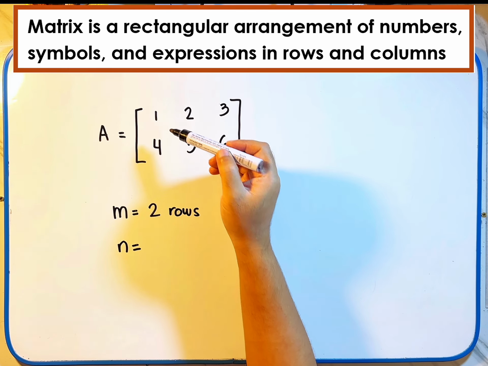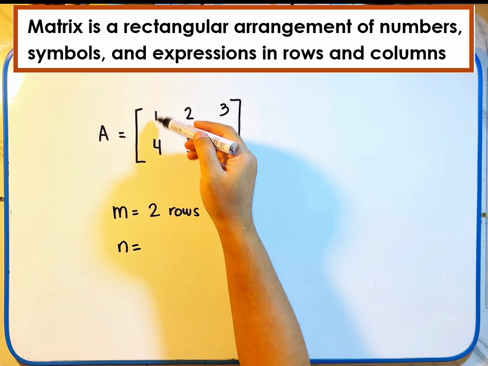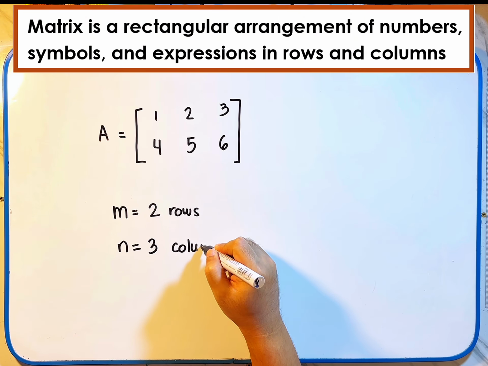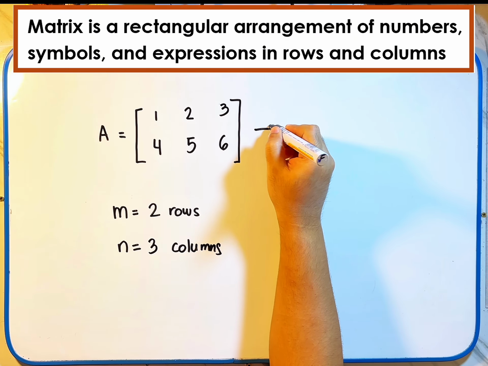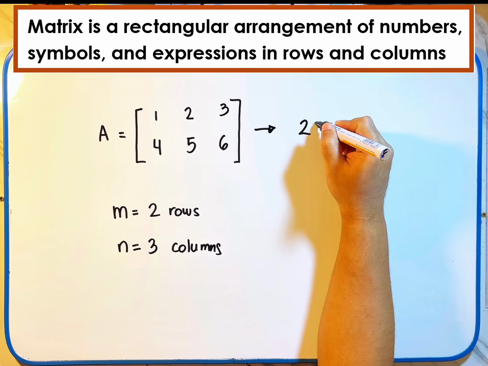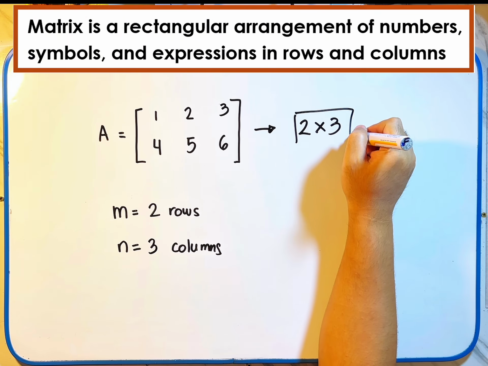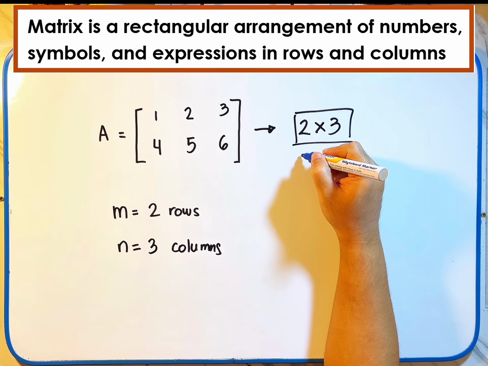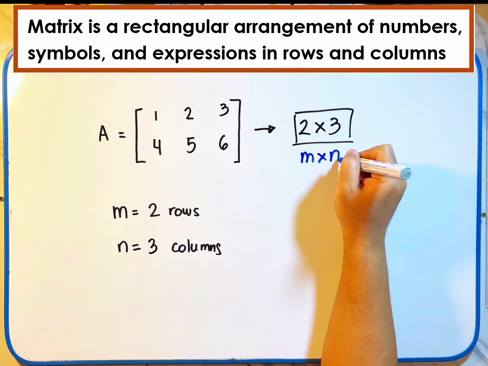And this matrix has 3 columns. 1, 2, 3. So 3 columns. Which means the order or dimension of this matrix is 2 by 3. Okay? Again, it's in the form of m by n.